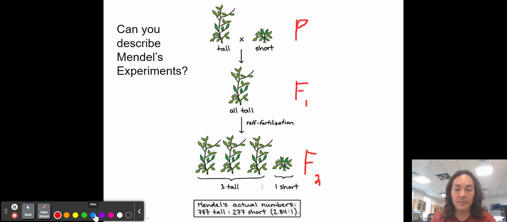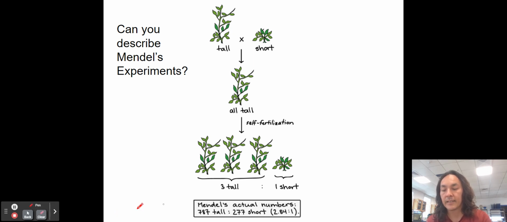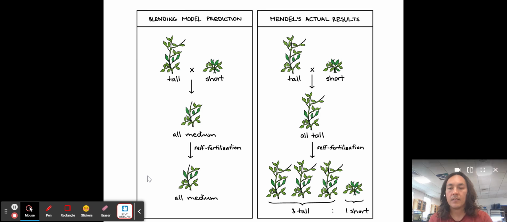If genetics was a blend, right, then the plants would have come out medium and stayed medium forever. If tall was dominant, he thought they might come out all tall all the time, but they come back out here. So let's see what's going on genetically. Here's that blending model prediction.